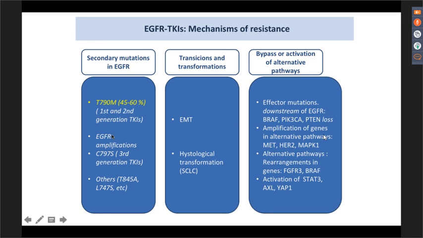The most important mechanism of acquired resistance is the secondary mutation in the EGFR gene, which is so-called T790M mutation, which is responsible for almost 50% of the cases of resistance, along with other mechanisms such as MET amplification, histological transformation to small cell lung cancer, or activation of alternative pathways like BRAF, PI3 kinase, PTEN loss, or activation of STAT3.